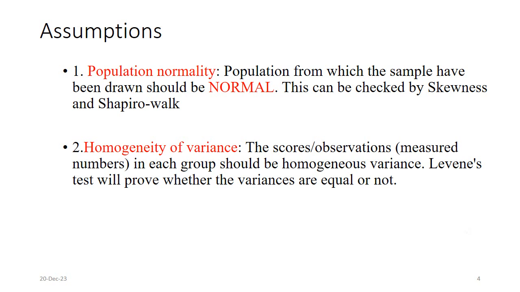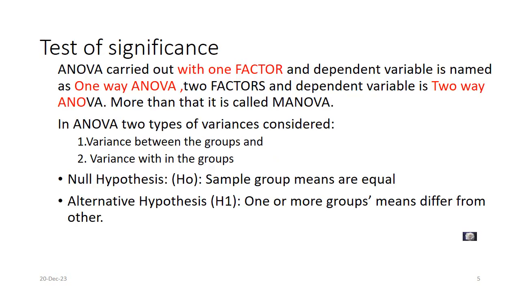For the homogeneity of variance test, the scores or observations measured in numbers, not categories, in each group should have homogeneous variance. For this, Levene's test will be used. These two assumptions can be checked using SPSS, which will give the results directly.